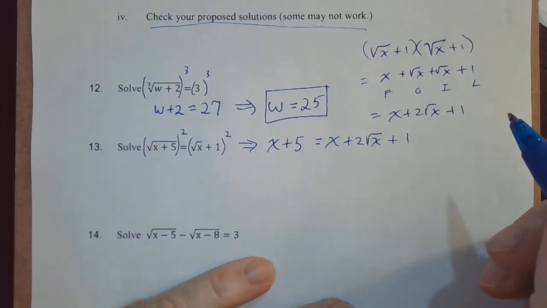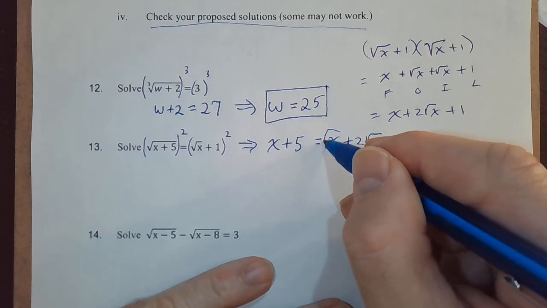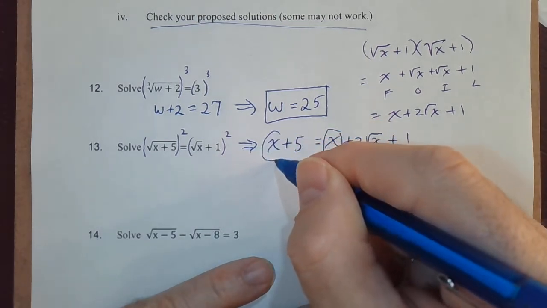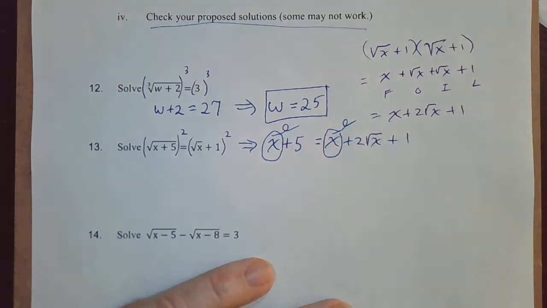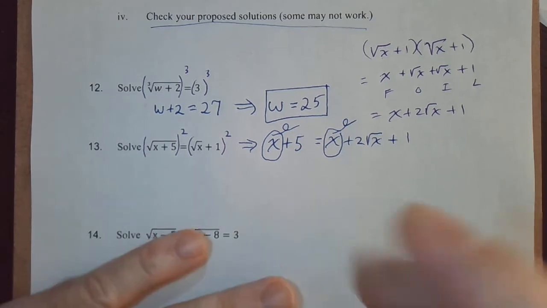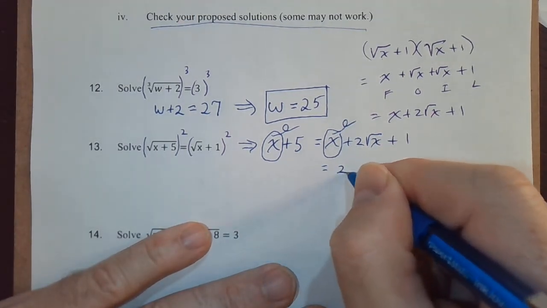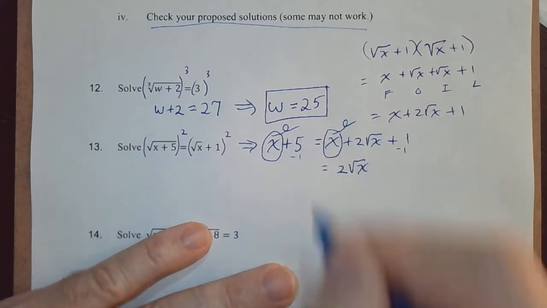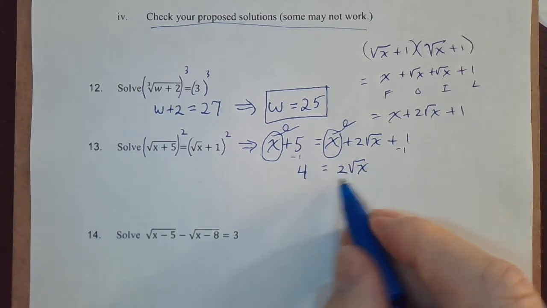Well, one nice and easy thing I notice right away is that both sides have an x. So if we subtract x from both sides, they're both gone. So if I take 2 radical x on the right and then subtract a 1 and subtract a 1, I get 2 radical x is equal to 4.